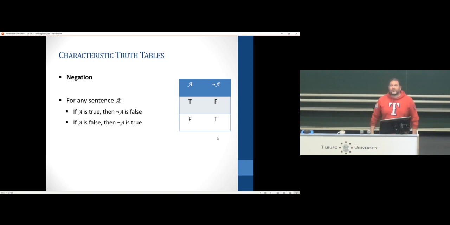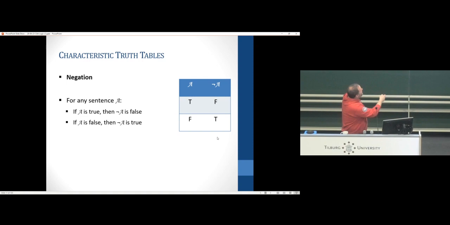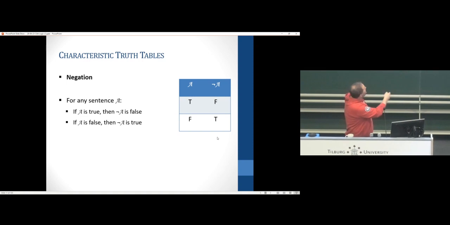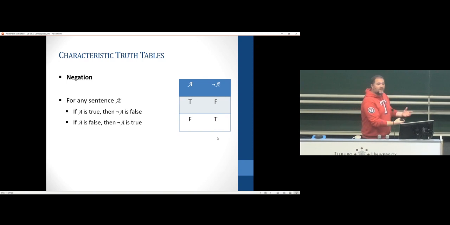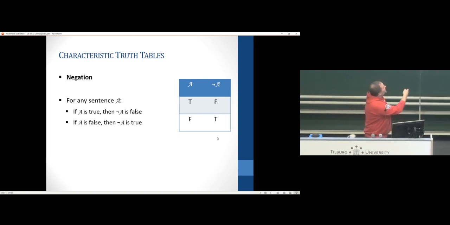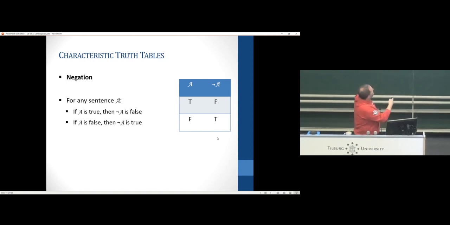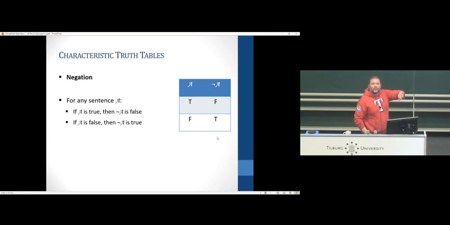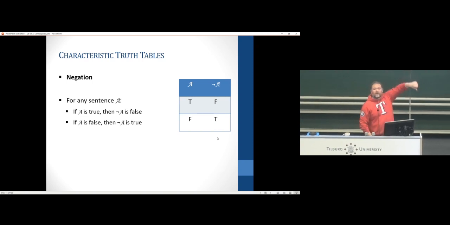Okay. So here's our first characteristic truth table. What we can do is list the relevant sentences. In this case, we only need one because negation just takes a single sentence. And over here, we can list the complex sentence we're looking at. Negation works by basically flipping truth value. We have all of the possible valuation combinations over here. A could be true or A could be false.